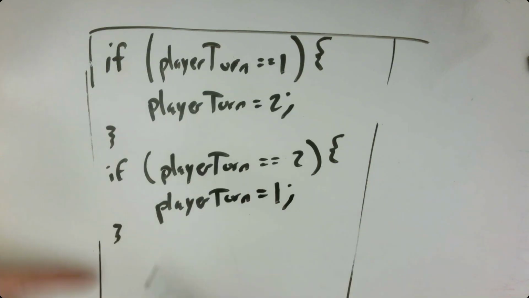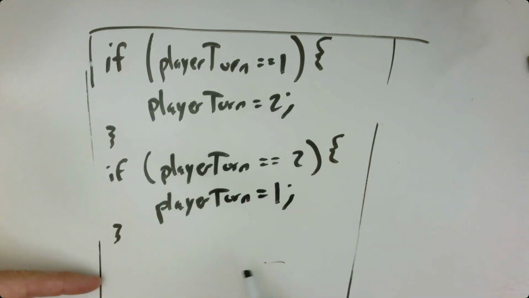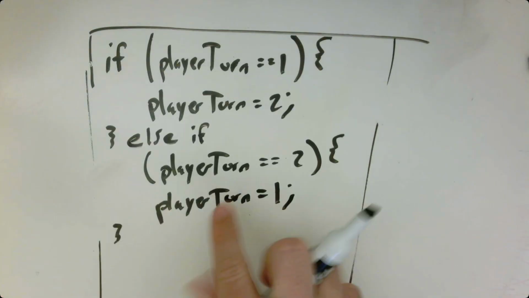So at the beginning, we were imagining that player turn contained 1. We put 2 in it, but then we put 1 right back inside it, and then at the end of this code block, player turn still has 1. So we ran the code, but we failed to switch the player turn. That's the bug. So we can fix this by putting an else if, or even just an else. Let's just put an else.